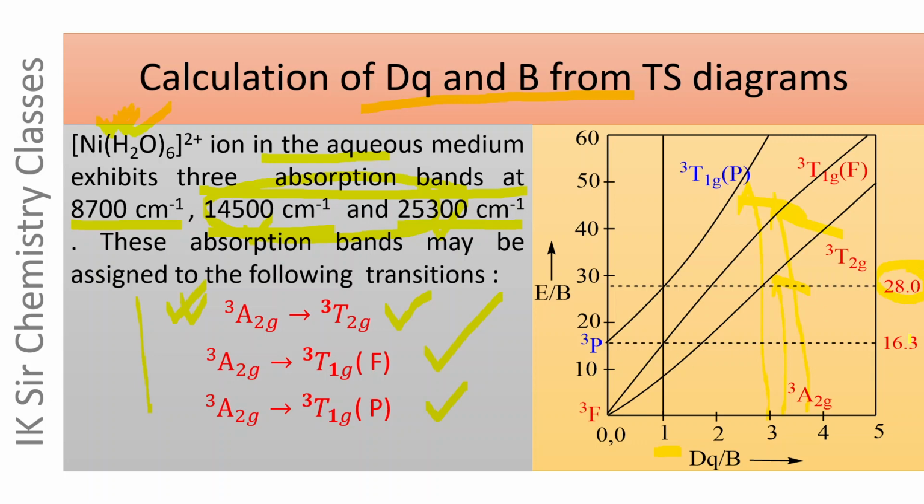And E2 by B, this is the first transition, this is the second transition, and this is the third transition. E3 by B equals to 28 and E2 by B equals to 16.3. And their ratio comes to be 1.72. Here also the ratio of 25,300 and 14,500 is 1.72.